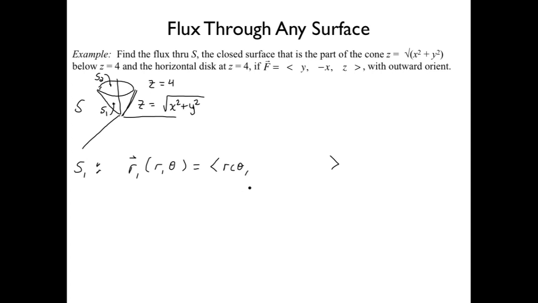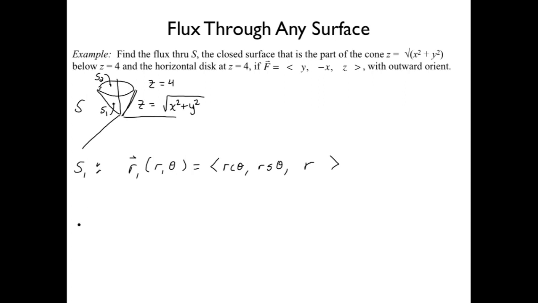Y component? r sine theta. And z is r, right? So the height and the radius are the same. You could do the math with r cosine theta and r sine theta, and you'll get z equals r. Or you could just argue that the height is the same as the radius for that standard cone.